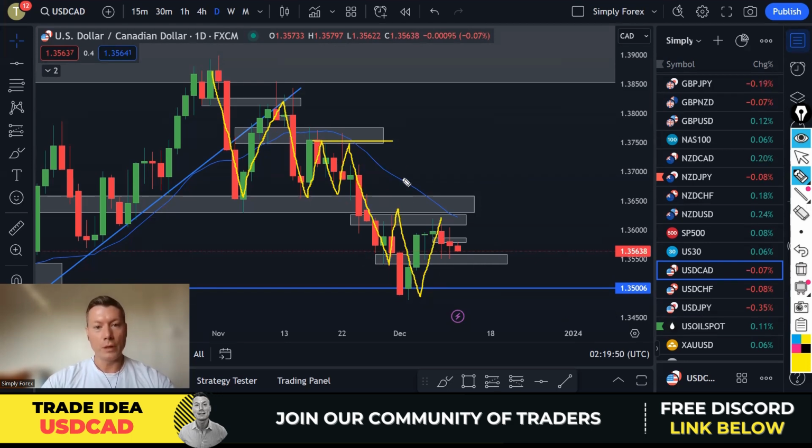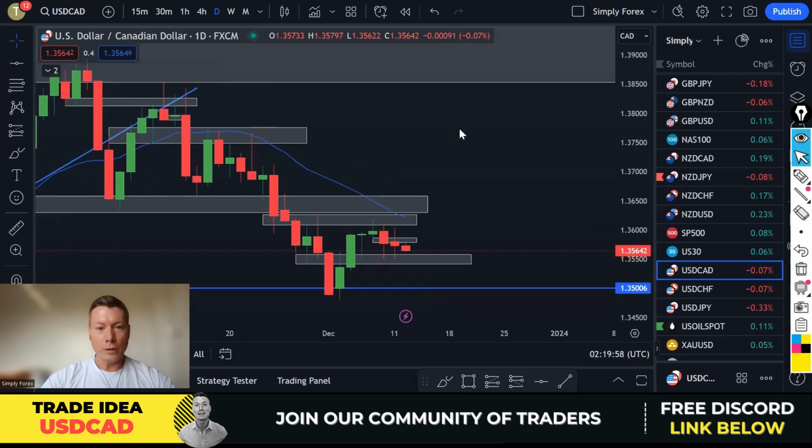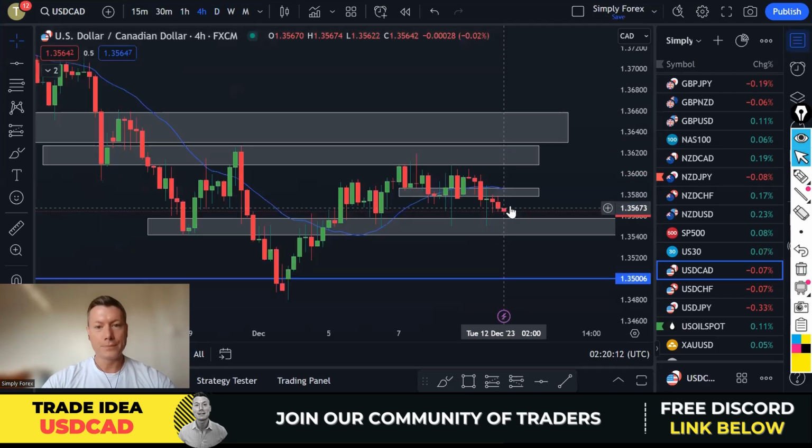At this point, we've got lower highs, lower lows, and these highs here still didn't break. And we're not seeing super bearish candles, so I'm going to need to see a break of structure. We're getting bearish candles, but look at the bottom wicks. Not super bearish.